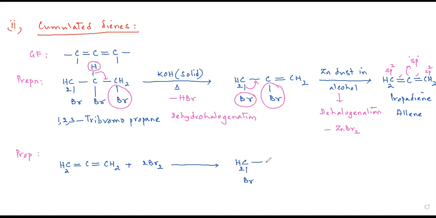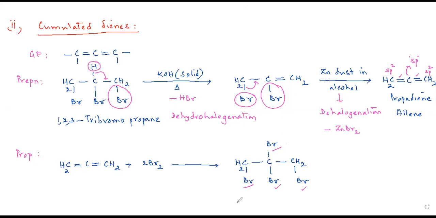Remove a bond, add bromines across the multiple bond. You have added two now, going to add two more. This and then this. Two at a time across the multiple bond. These two, then these two. Now this is what you get.